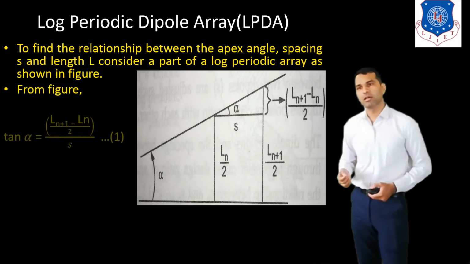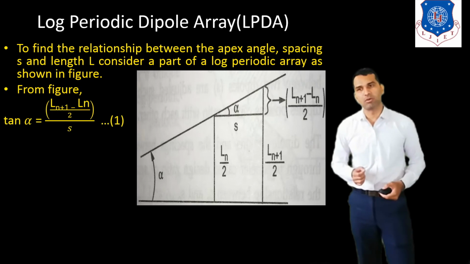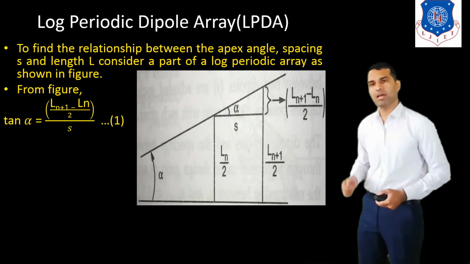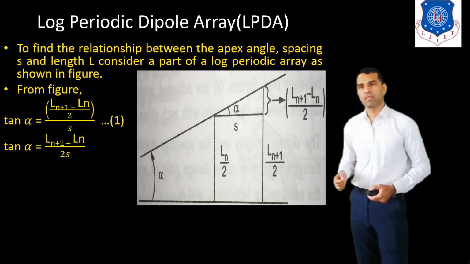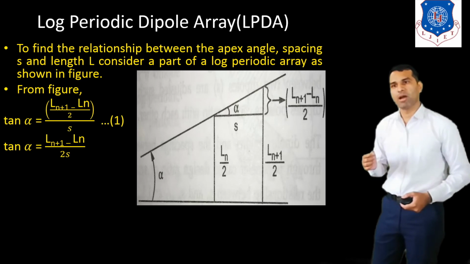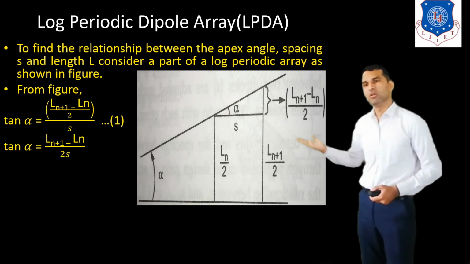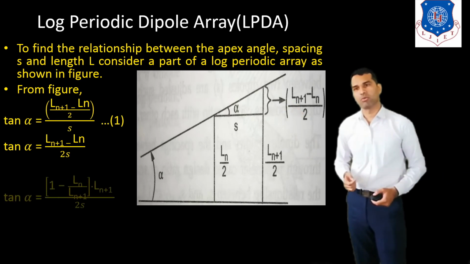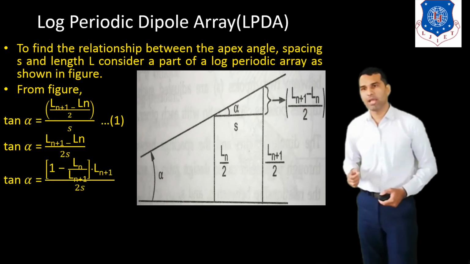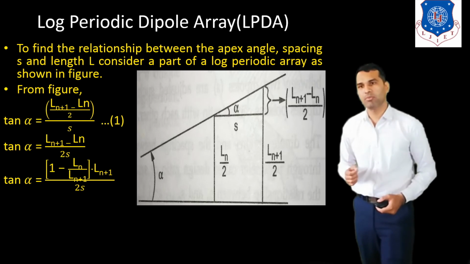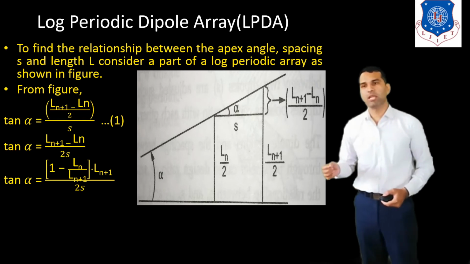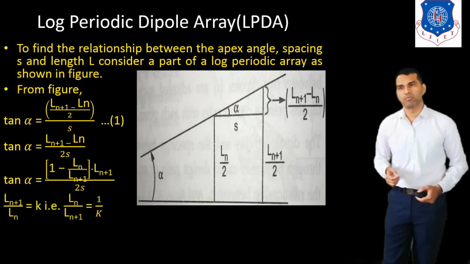From this figure, we can write tan alpha is equal to (L(n+1) minus Ln) by 2 upon S. We can also write tan alpha is equal to (L(n+1) minus Ln) upon 2S. Now we simplify the above equation. So tan alpha is equal to (1 minus 1 upon L(n+1) into Ln) times L(n+1) upon 2S, where we have taken L(n+1) as common.